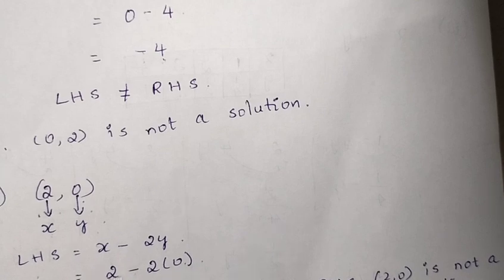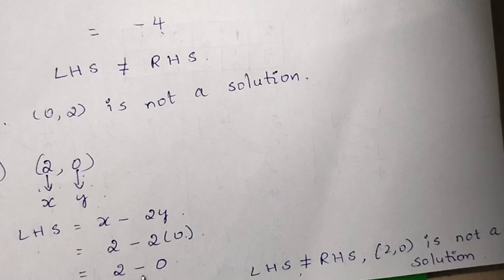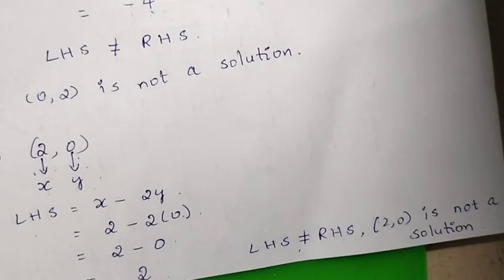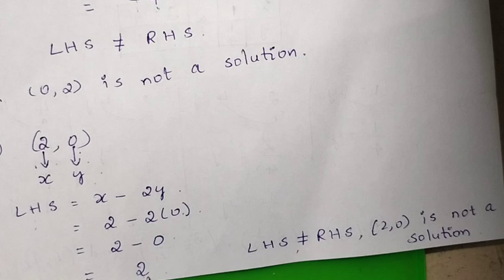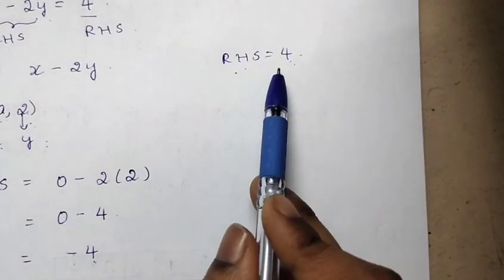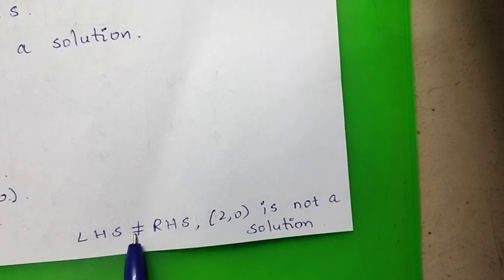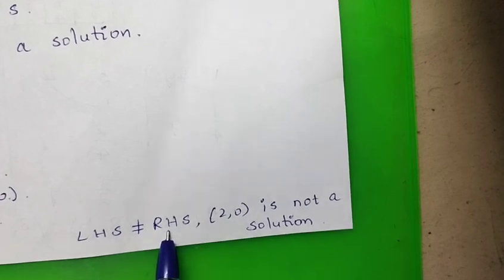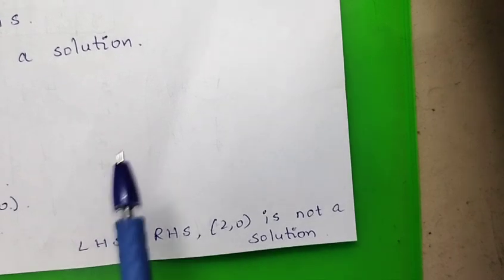So it becomes 2 minus 2 into 0 is 0. So it is 2 minus 0. 0 subtracted from anything will be the same number. So it is 2. So LHS is 2. But we know that RHS is 4. Here we can conclude that LHS is not equal to RHS. Therefore, 2, 0 is not a solution of the given equation.